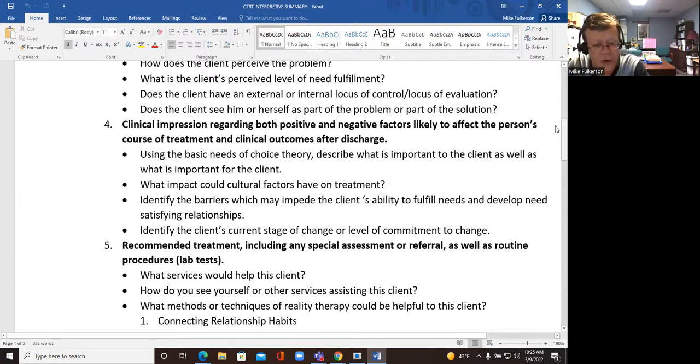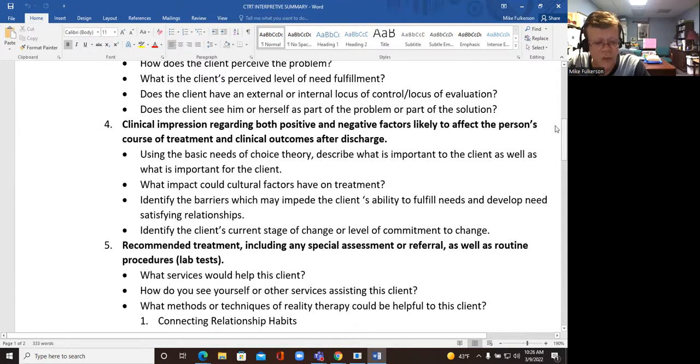Identify the client's current stage of change or level of commitment to change. Prochaska and DiClemente have put together five stages of change, and they sound in many ways very similar to Bob Wubbolding's levels of commitment to change, but they're a little different.